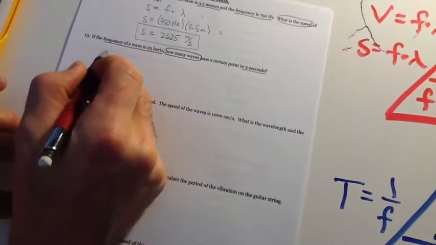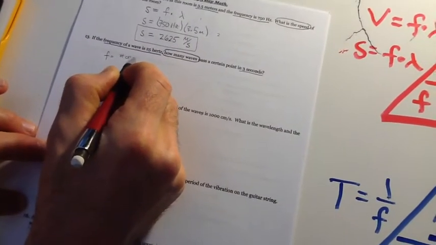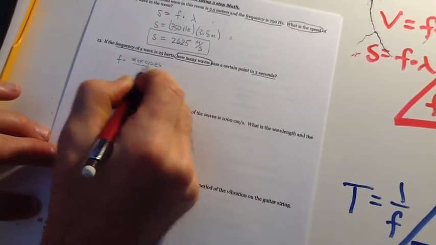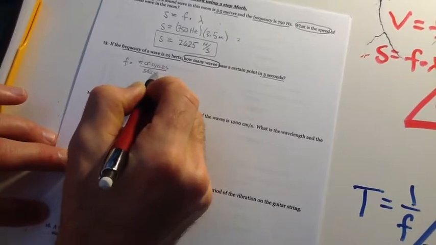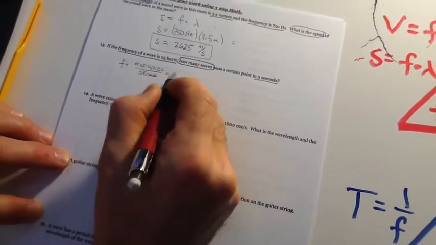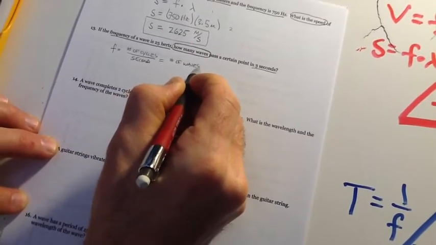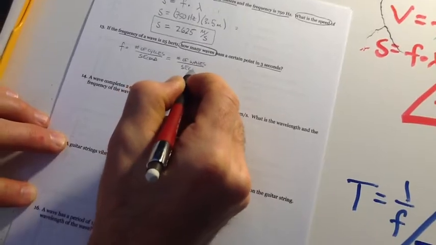The definition of frequency is number of cycles per second. That is its definition written in math, and I said it in English. Number of waves per second.